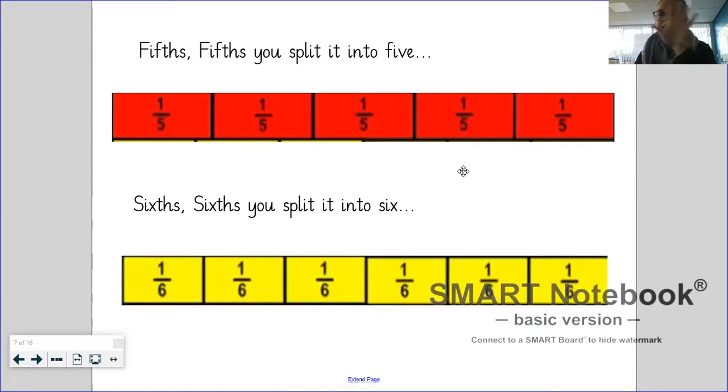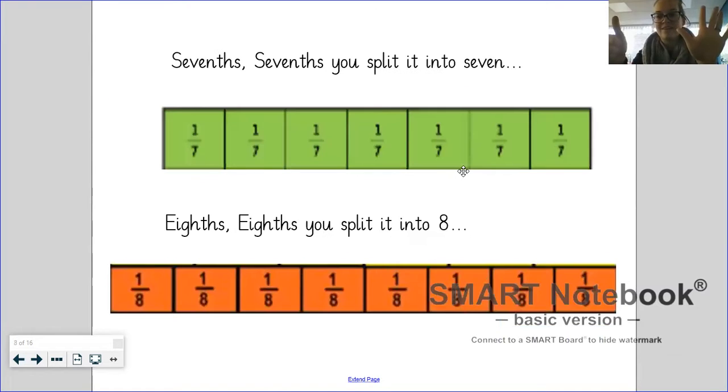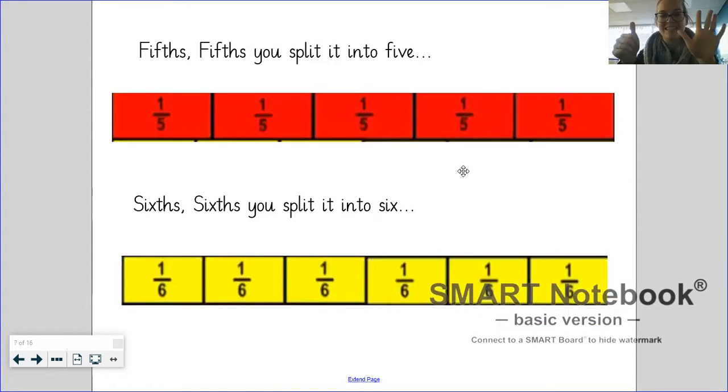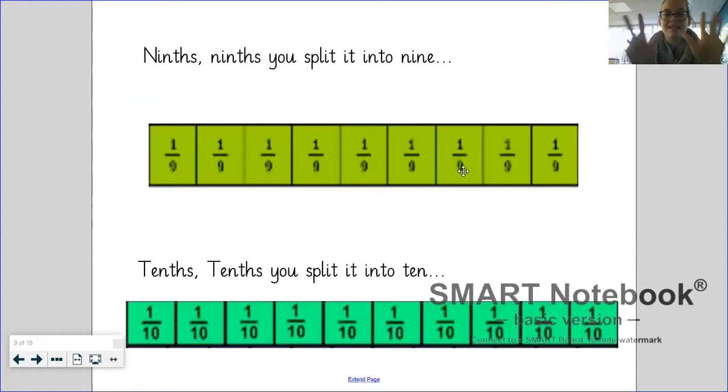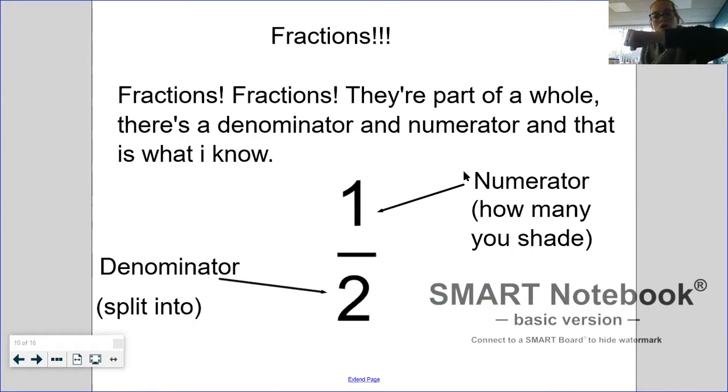Fifths, you split it into 5. Six, you split it into 6. Sevenths, you split it into 7ths. Eighths, you split it into 8th. Ninths, you split it into 9. Tenths, you split it into 10. Fractions, they're part of a whole. There's a denominator and numerator, and that's what I know.